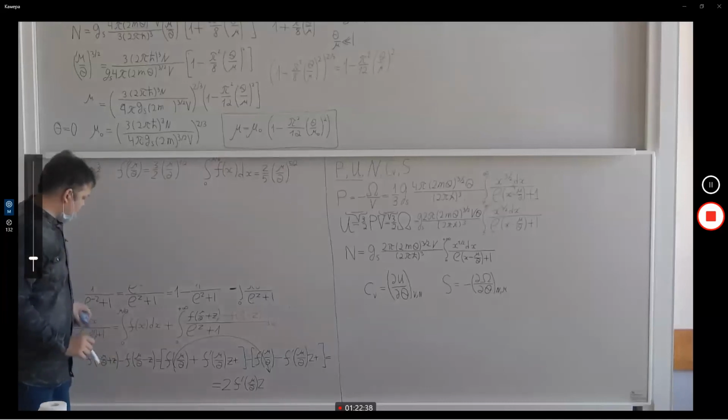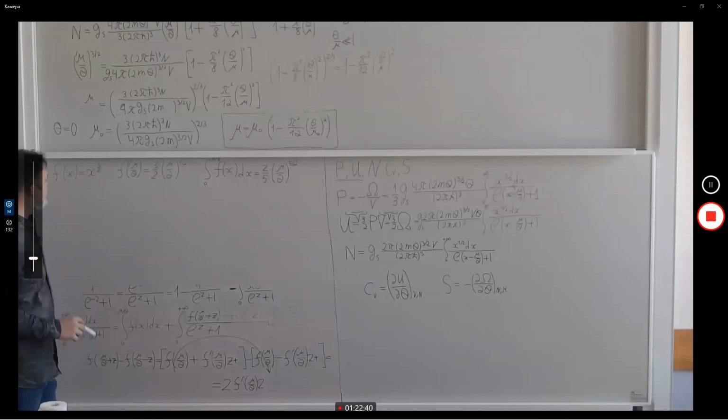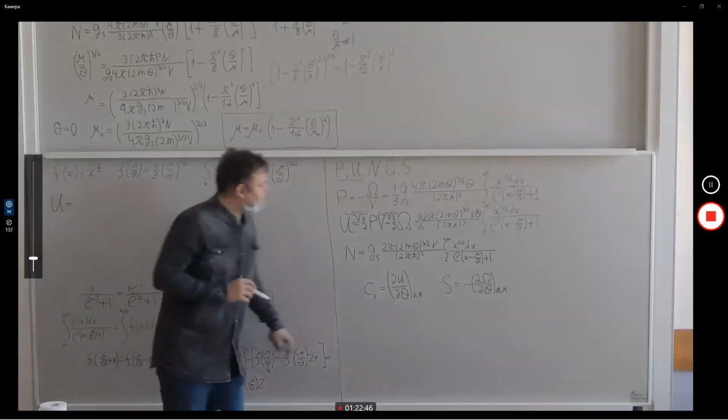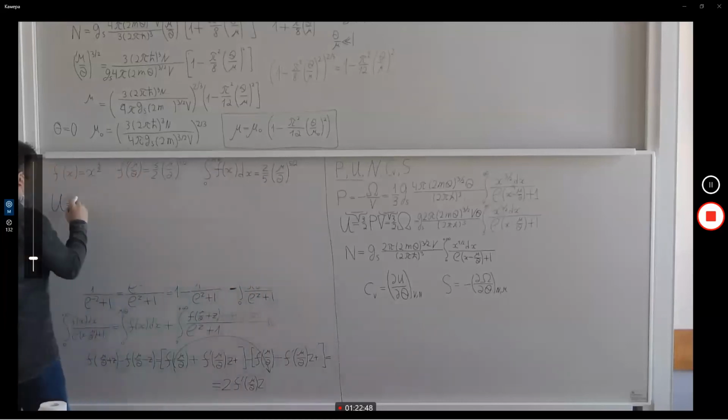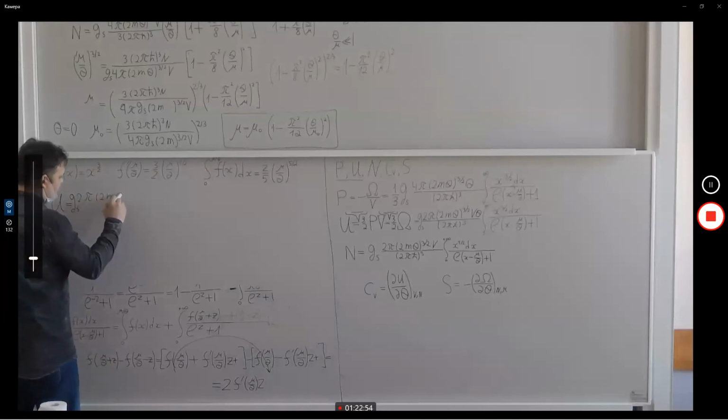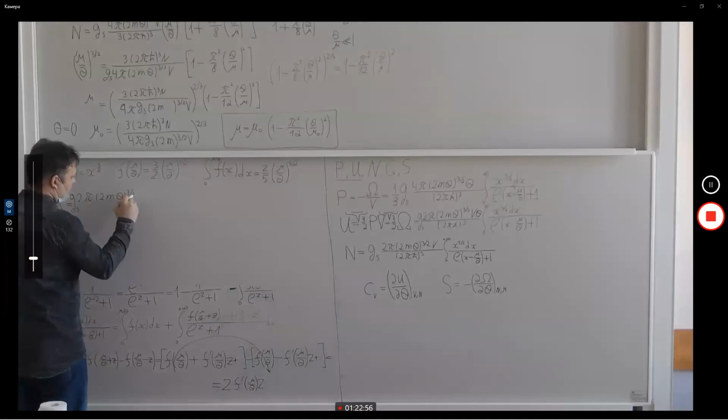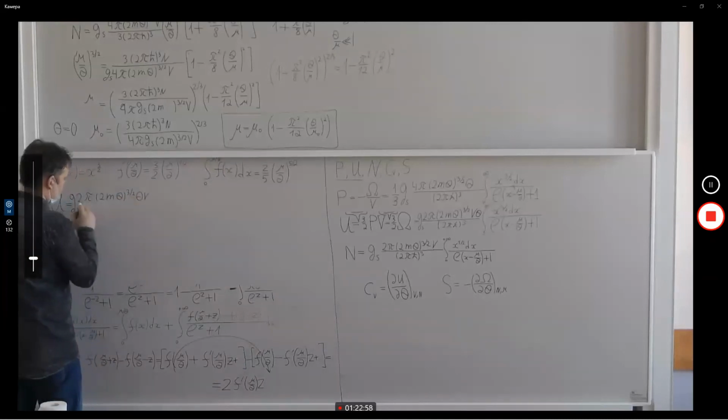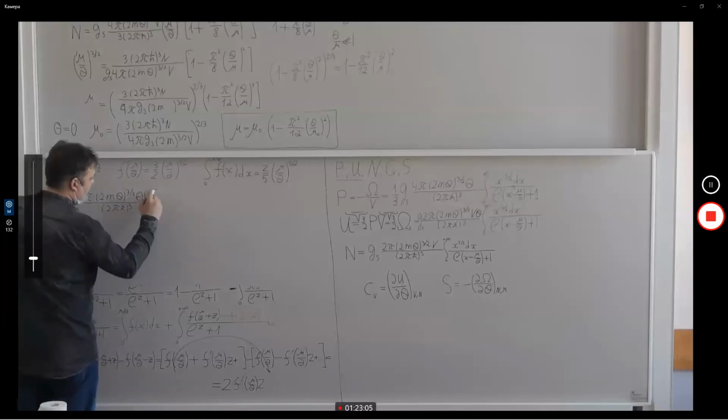And using the formula which we derived, we find U equals g_s over 2 pi, 2m theta to the power 3/2, theta V divided by 2 pi h bar.